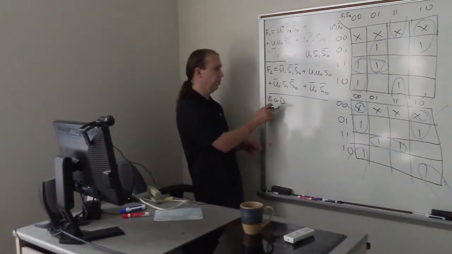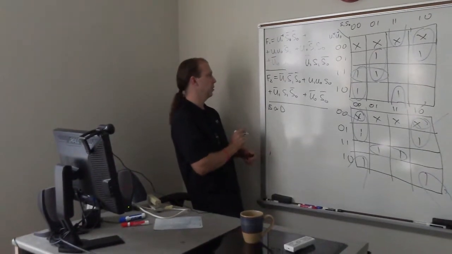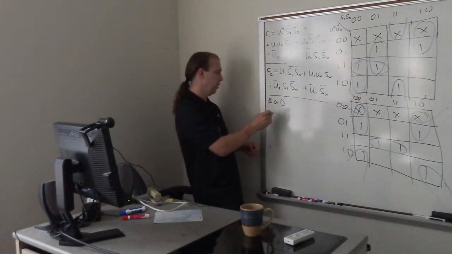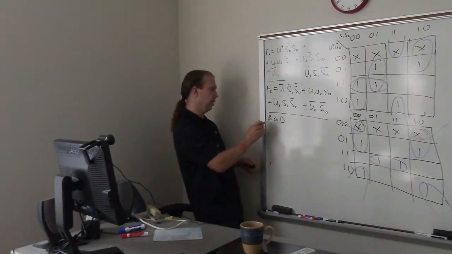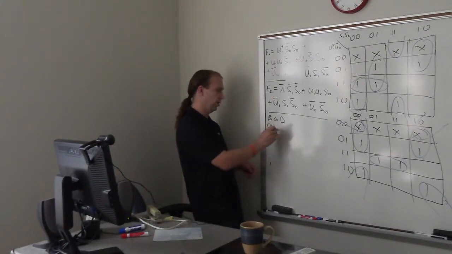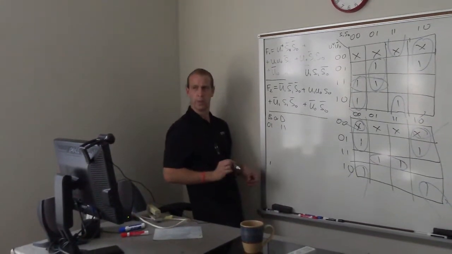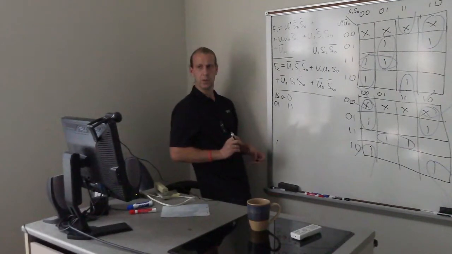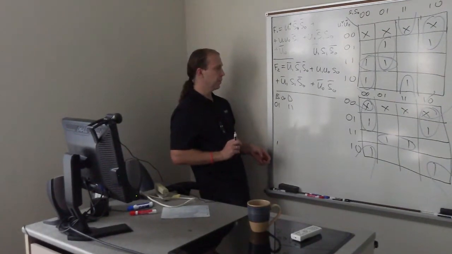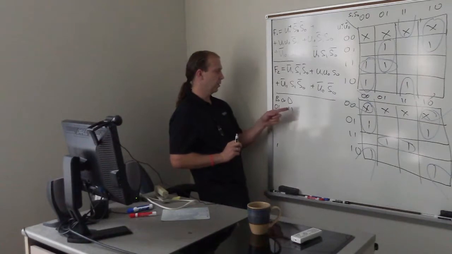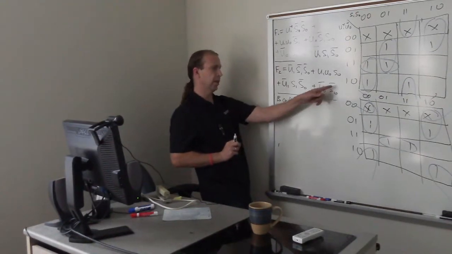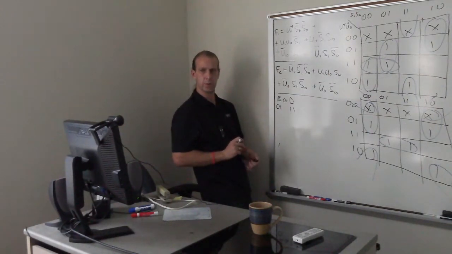All right, so B or D. And B is what? B is the combination 0, 1 and D is combination 1, 1. Right? So these are the bits assigned to S1 and S0.